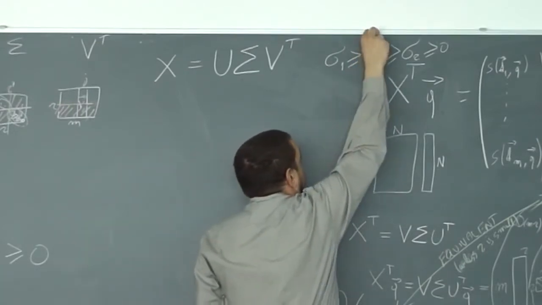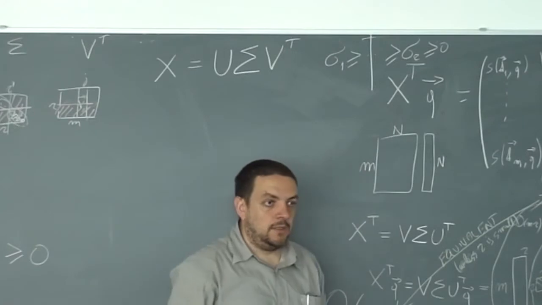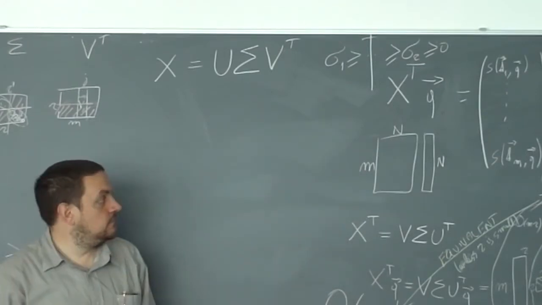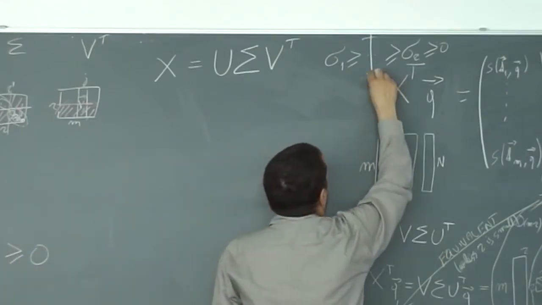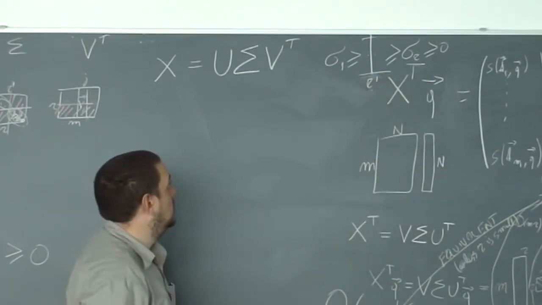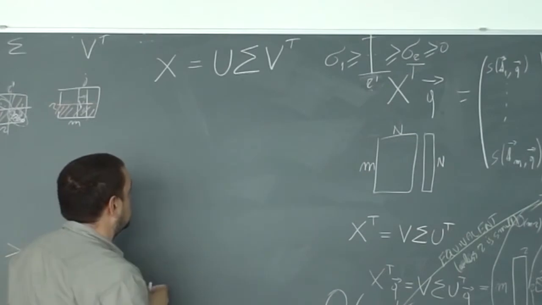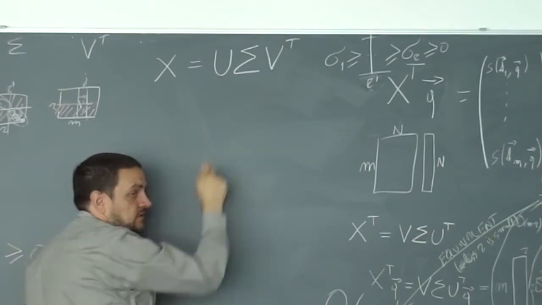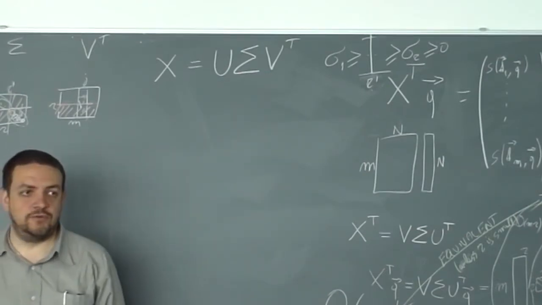You decide to cut those values to a given number R prime, and then you cut all matrices according to the chosen value.